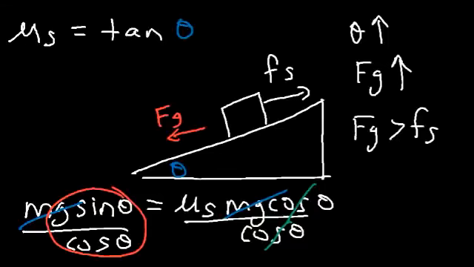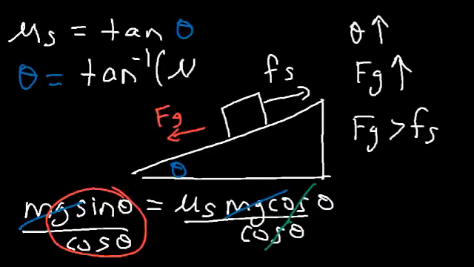So if you solve for theta, theta is equal to the inverse tangent of mu s. This is the formula that you need to find the critical angle at which the box begins to slide against static friction.